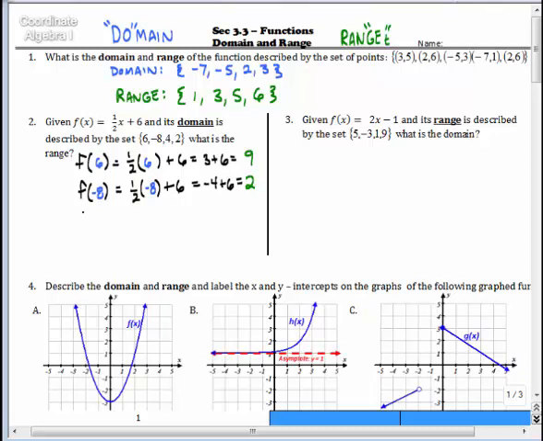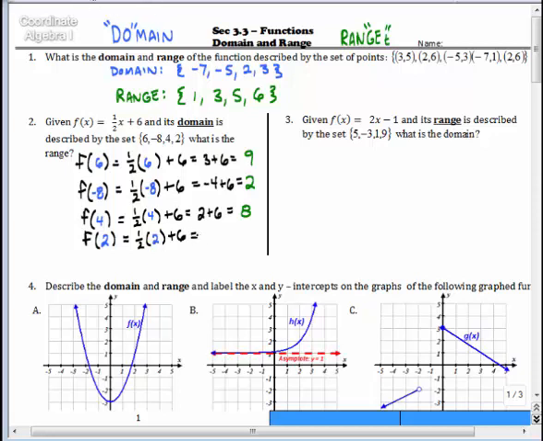Again, you can use your calculator if you need a little assistance. Next, f of 4 is equal to half of 4 plus 6. So half of 4 is 2, and 2 plus 6 is equal to 8. And then next we have f of 2, which is equal to half of 2 plus 6.